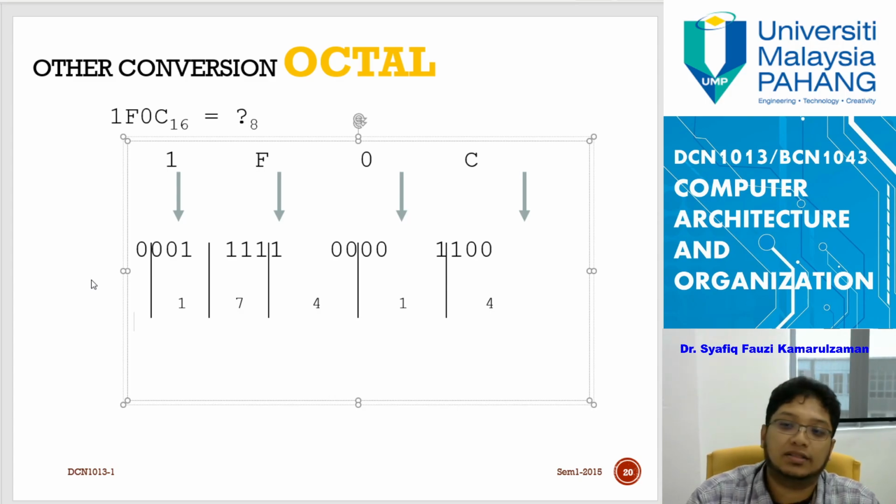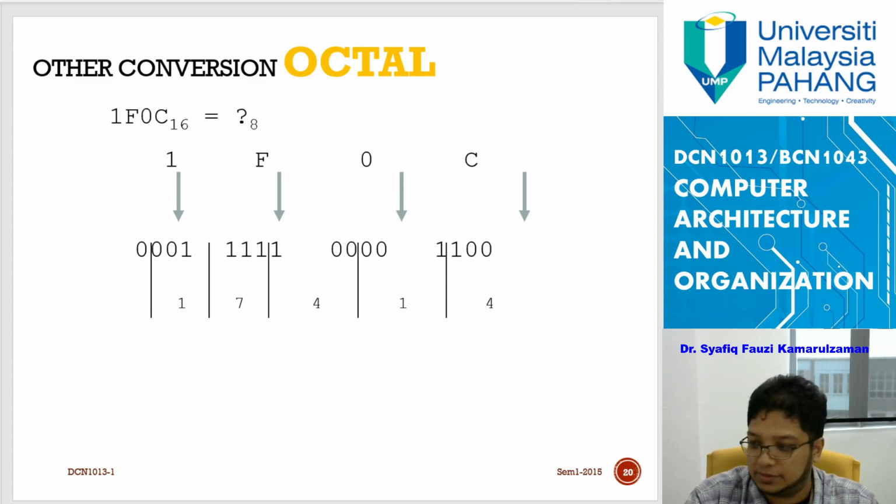When you want to convert decimal into certain number system, like for example octal or hexadecimal, convert them into binary first, and then from the binary separate those binary to become hexadecimal and octal. Okay, so that's all for the first half of the number system chapter.